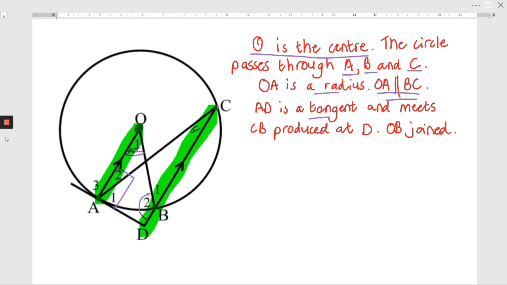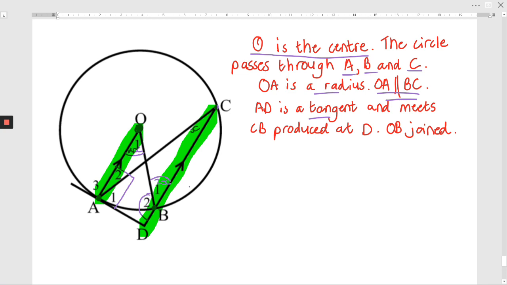With parallel lines, we're going to have our angle relationships. With OA parallel to BC, I can see that the 2x I've put there is going to be a 2x here as well, so I'm going to mark that. Again, I can come back and change that at some point.